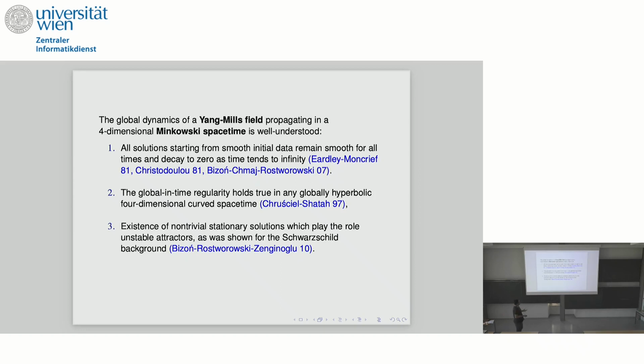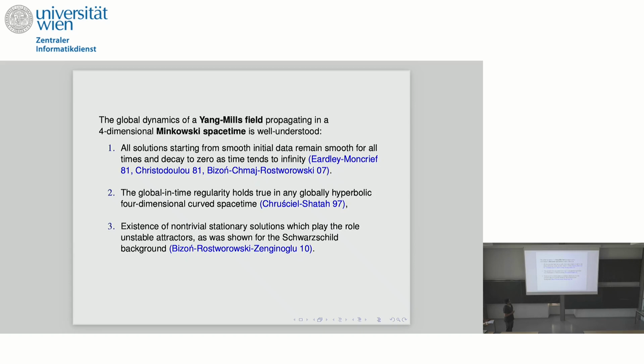Where I think that most of the situation is already very well known, right? If you consider the Yang-Mills fields, later I will explain a little bit what the Yang-Mills fields are in this case. There are several results trying to describe the long time dynamics of this field just in the Minkowski space-time.